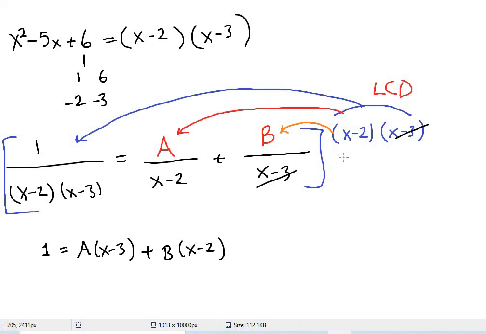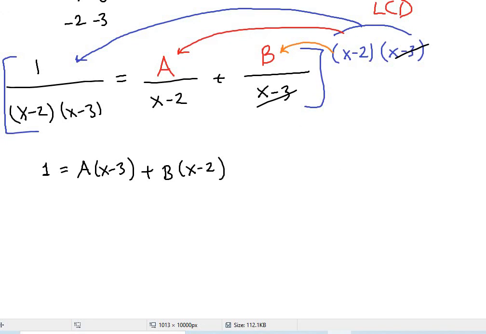Here we're going to use the 101 rule, giving some value for x. Giving values is one of the first techniques that you can apply. So let x be equal to, you're going to pick some number that will totally cancel out one of the terms.